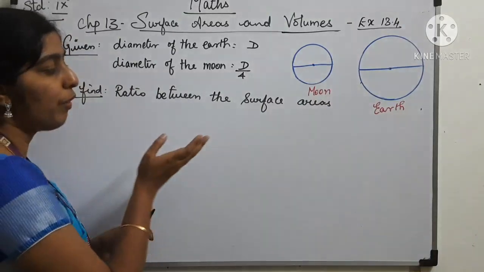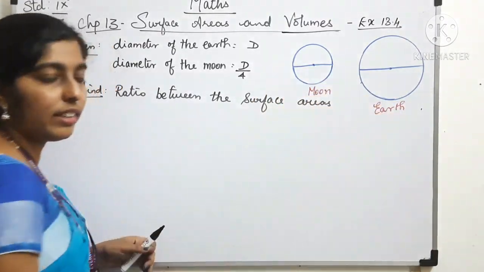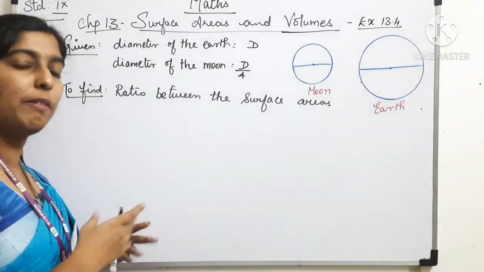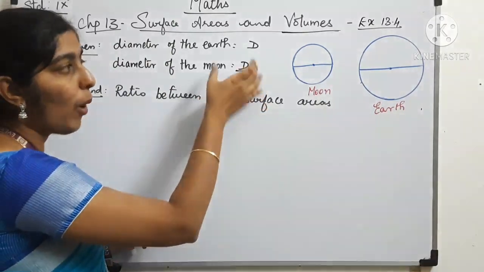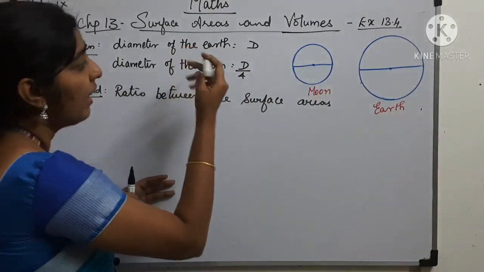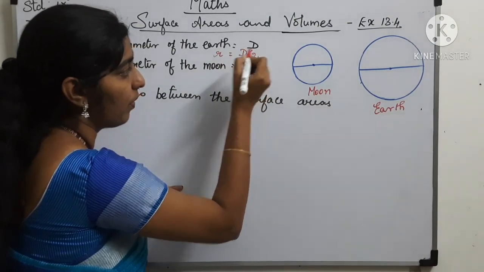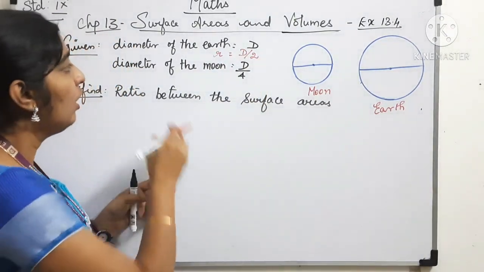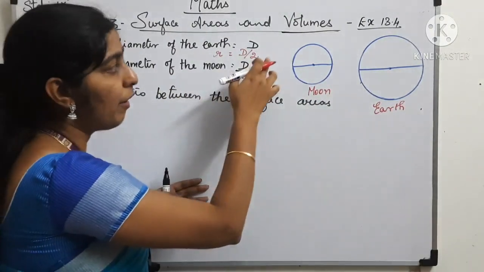Okay. So to find the surface area, now we know that the moon and the earth is in a shape of sphere. So we will be using 4 pi r square formula. So we should know what is our radius, right? So here radius of the earth is d by 2. Half of it. So radius of the moon is half of its diameter.